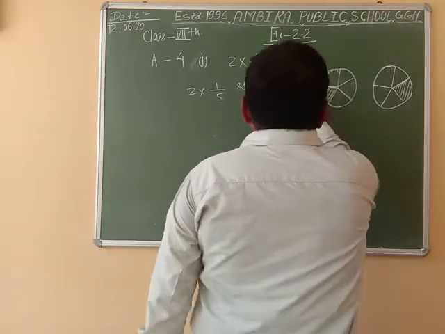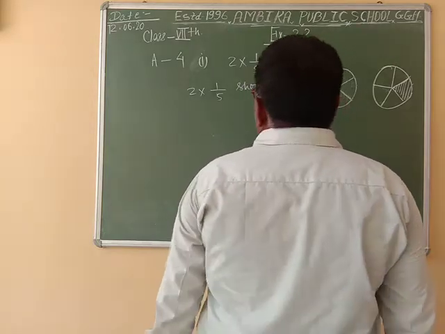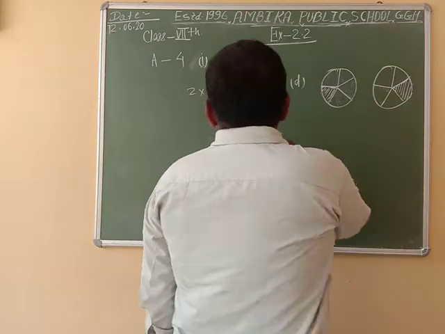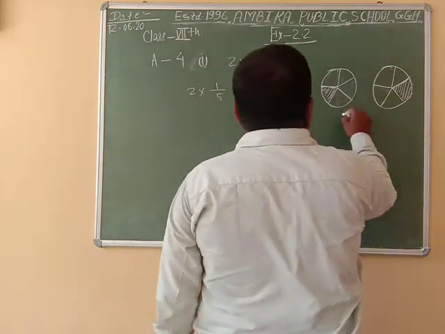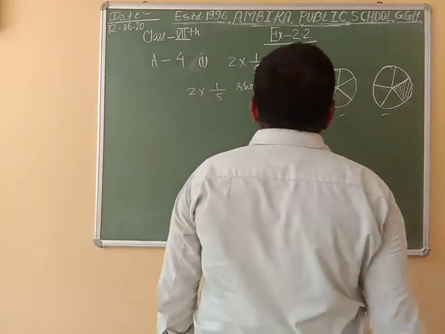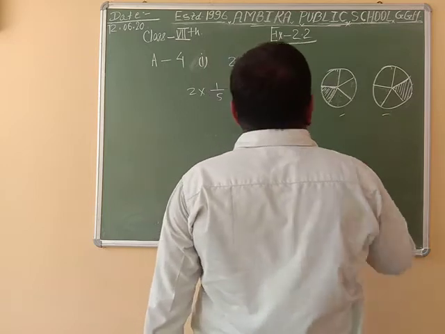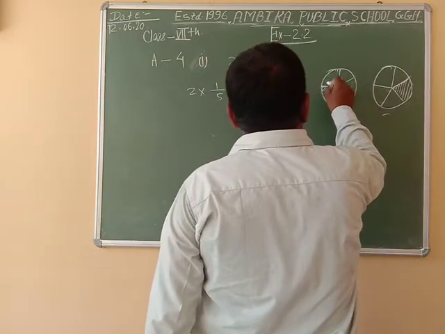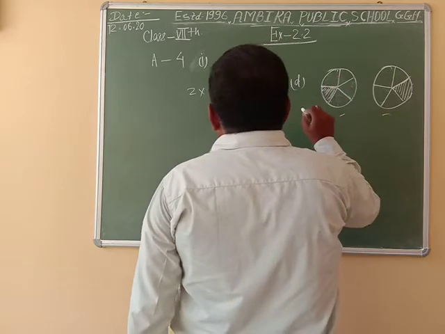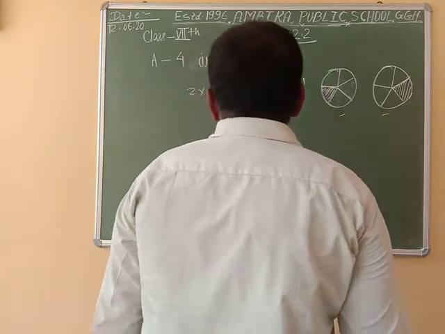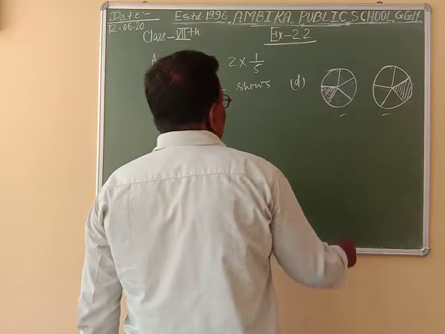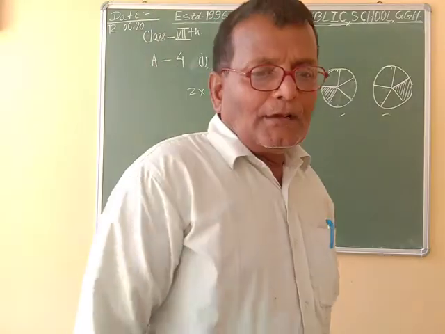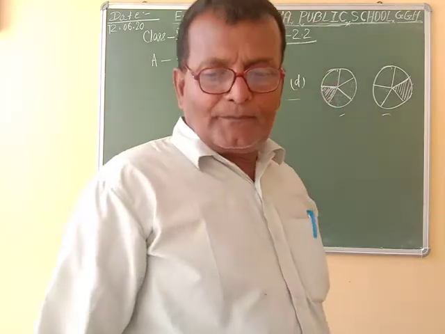So figure D represents 2 into 1/5. 2 into 1/5 means there are two circles and one circle is divided into 5 parts and one part is shaded. So 2 into 1/5 represents D. Similarly, 2 into 1/2.